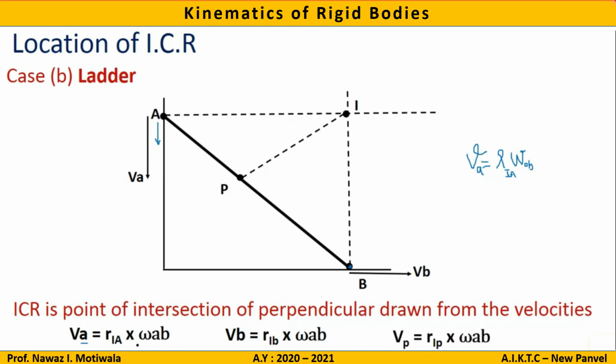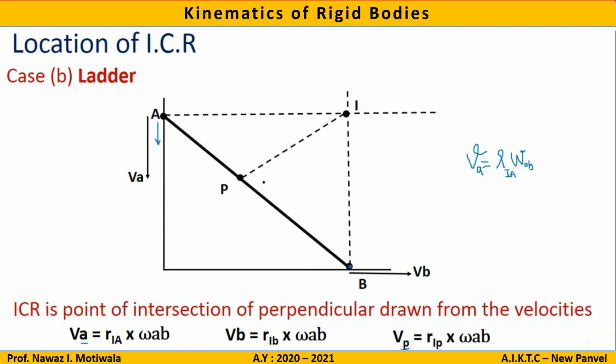So I will write down Vp, because I want velocity of point P, is equal to R, the distance from I to P. This is the important part. R will always be the distance from ICR to that particular point at which we want to find out the velocity. So here it will be RIP multiplied by omega AB, because this point P is on AB only.